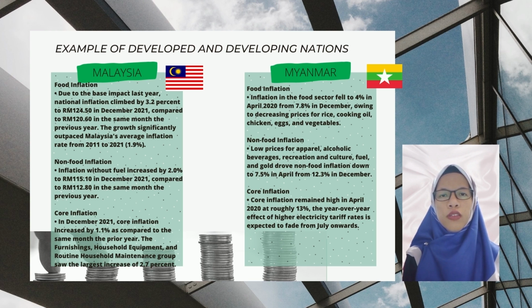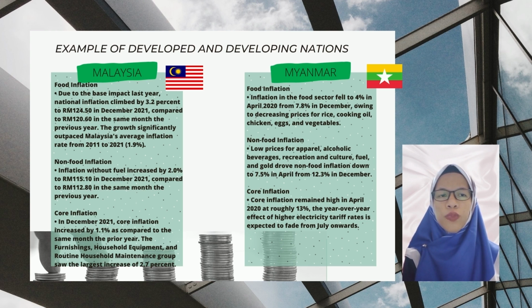Regarding food inflation in Malaysia, due to the base impact last year, national inflation climbed by 3.2% to RM124.50 in December 2021 compared to RM120.60 in the same month the previous year.